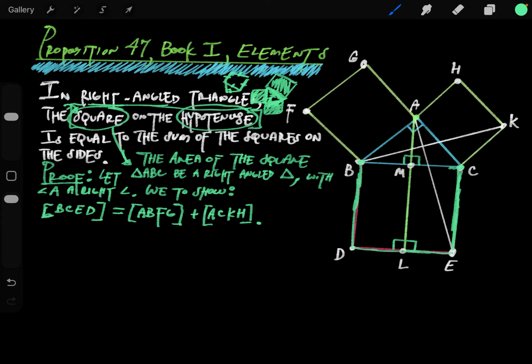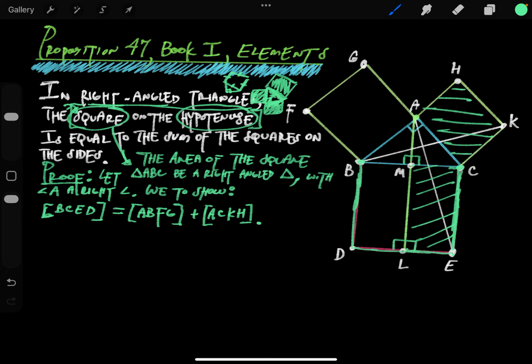Now, to show this, I'm going to give you the overall idea. I'm going to show that this rectangle, MCEL, is equal to the area of this square. And that rectangle BMLD is equal to the area of this square.